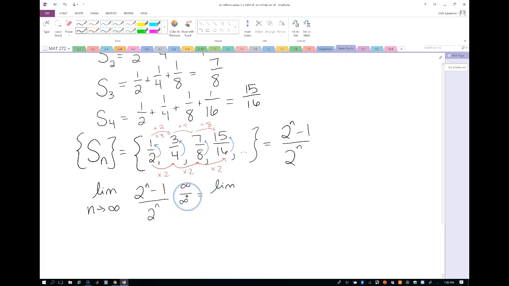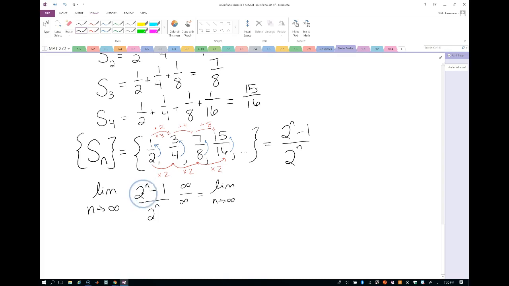Anytime you get infinity over infinity or 0 over 0, that means our numerator and denominator are growing at the same rate, and their derivatives will also grow at the same rate. The nice thing about the derivatives, though, is usually they're much simpler than the originals.